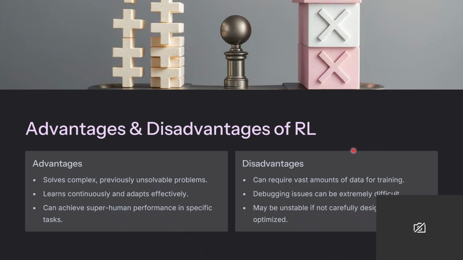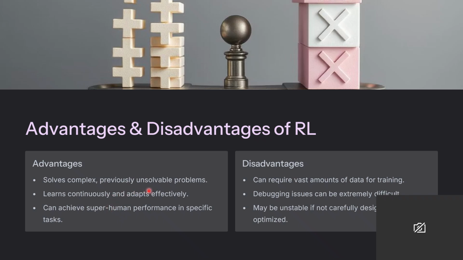And next, reinforcement learning also has its pros and cons. So we are going to first of all see the advantages of reinforcement learning. It can solve really hard problems where regular programming fails.